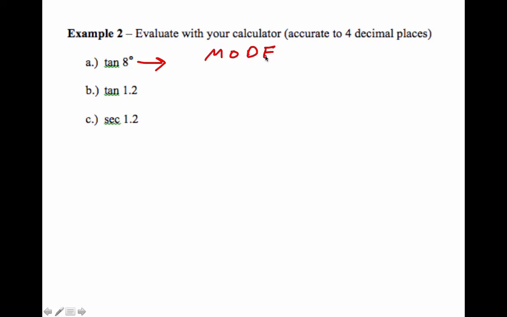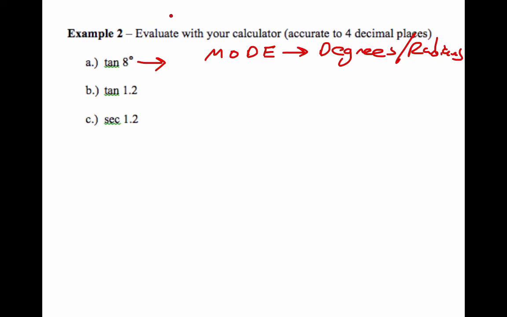Check to see, are you in degrees or radians? Whichever one is highlighted, that's the one you're in. Check that now, because this problem is tangent of 8 degrees, you can just type that in.